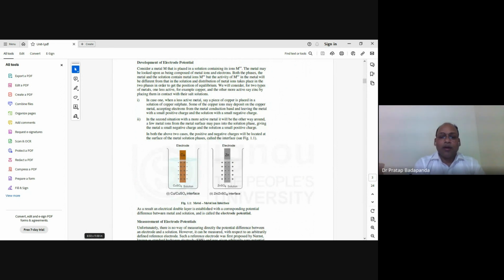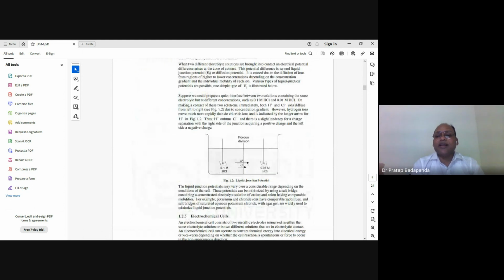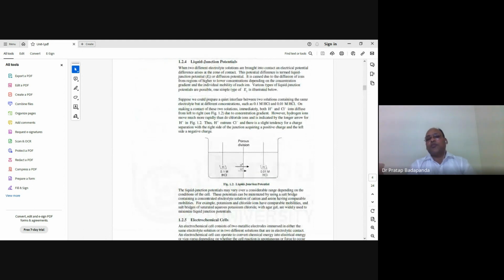Okay, now we'll come down. See, another interesting fact, this is what I told you, liquid junction potential. When I came across that terminology, I told you what a liquid junction is.